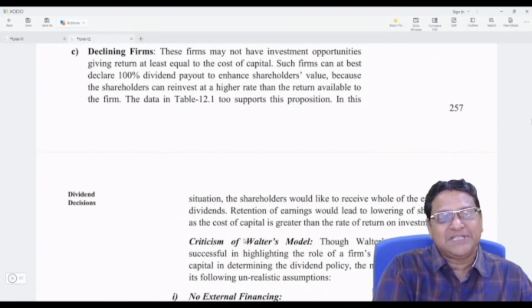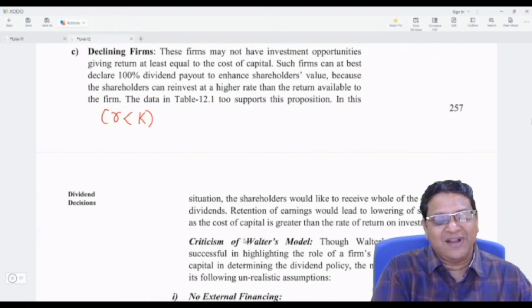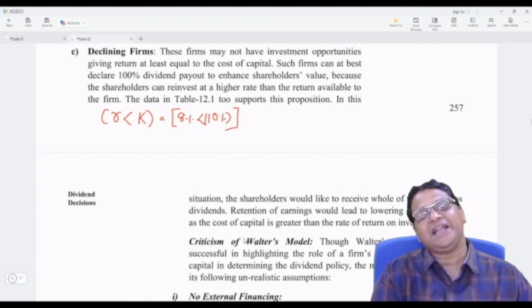A decline firm is a firm where R is less than K. That means R is internal rate of return. Let's take an example. Internal rate of return is 8%, and your K is 10%. K means expectation of the shareholders is 10%, but the company is generating 8%.